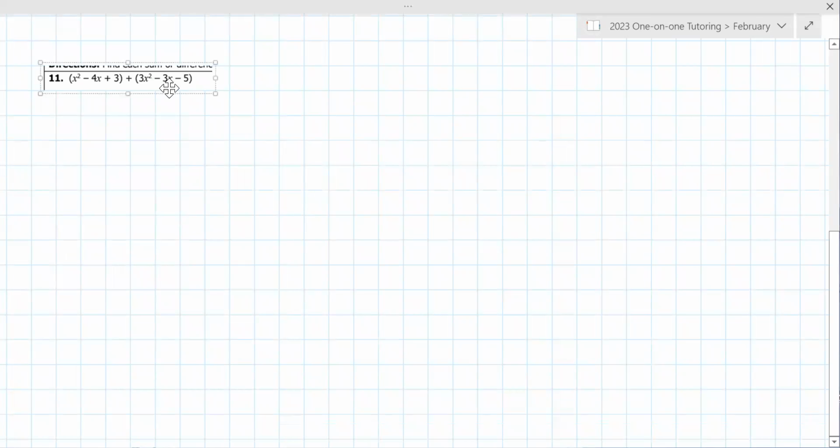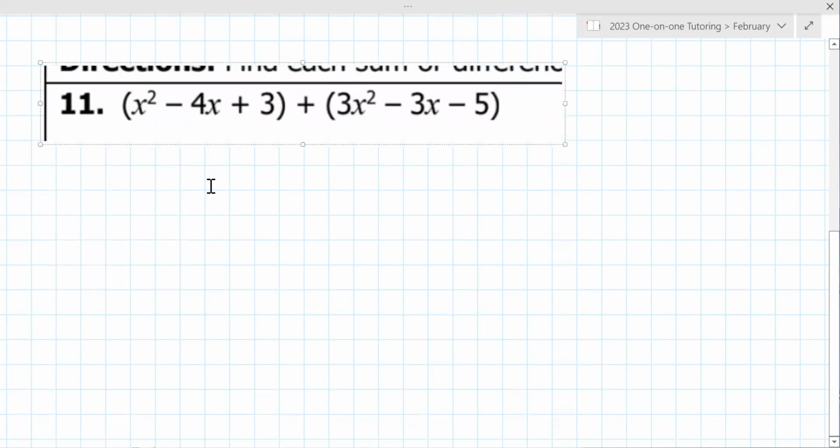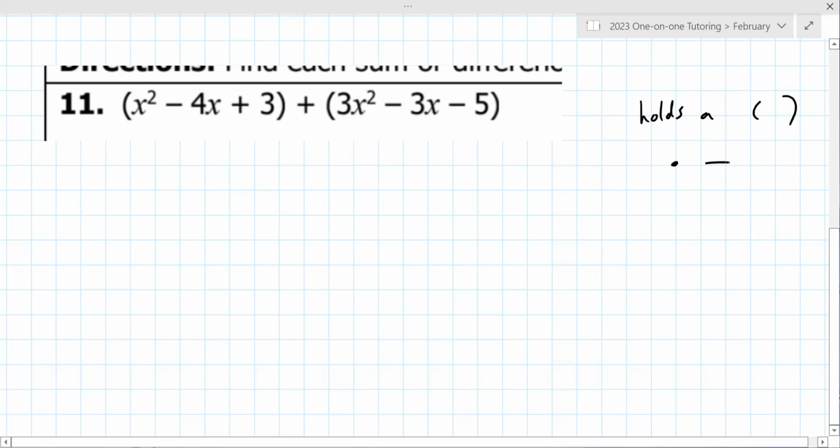Okay, let's look at number 11. All right, so number 11 has parentheses around x squared minus 4x plus 3, parentheses around 3x squared minus 3x minus 5. And the only thing that holds a parentheses is if you have a negative in front or if you have a number in front.